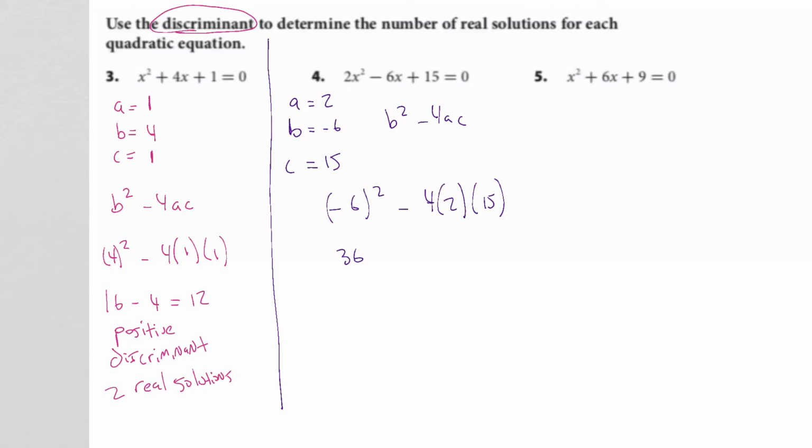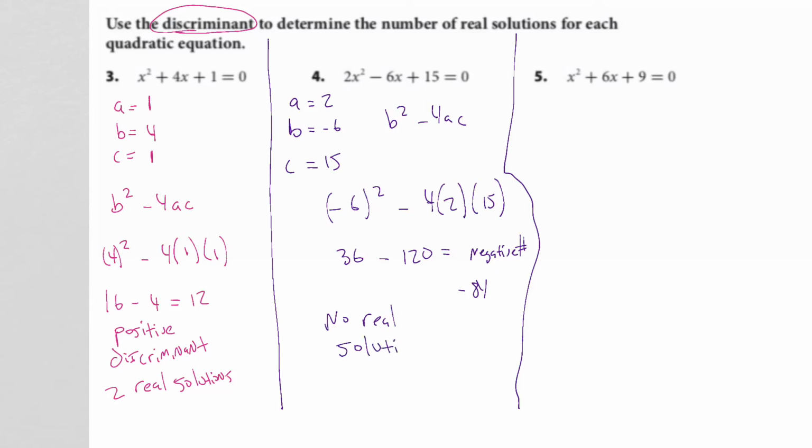So this is 36 minus, it looks like, 2 times 15 is 30, and 4 times 30 is 120. So this is definitely going to be a negative number. It's not necessarily important what the number is, although we can tell you. It winds up being negative 84.